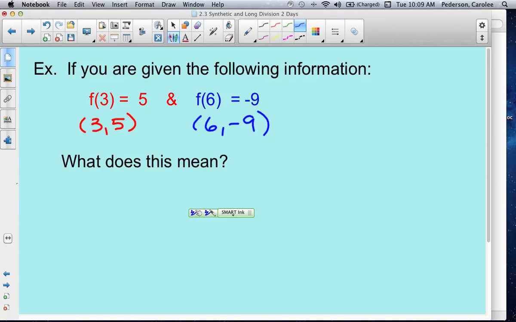There is a 0 somewhere between 3 and 6. There is a 0 somewhere between there because here's 3, 5, and here's 6, -9. There's a 0 somewhere between there. And that's all the intermediate value theorem talks about.